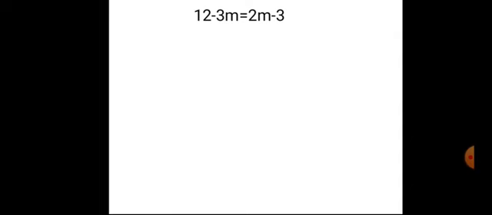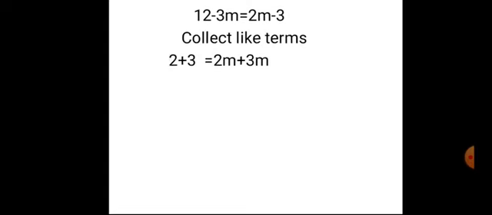So we collect like terms, and we start by having our 12 minus 3 crossing over to the other side becomes plus 3 equals 2m already there, and minus 3m going to the other side also changes to what? Plus 3m. So 12 plus 3 becomes 15, and 2m plus 3m gives 5m. So in the same manner, we want to find m.